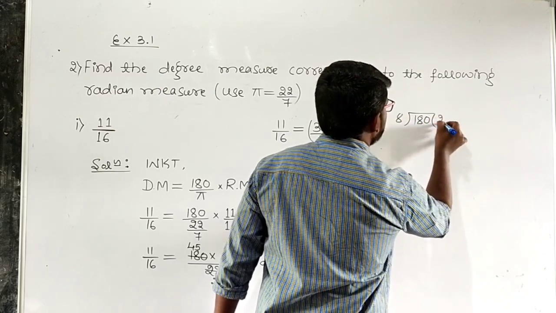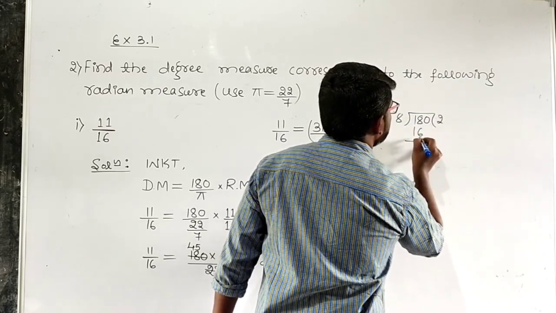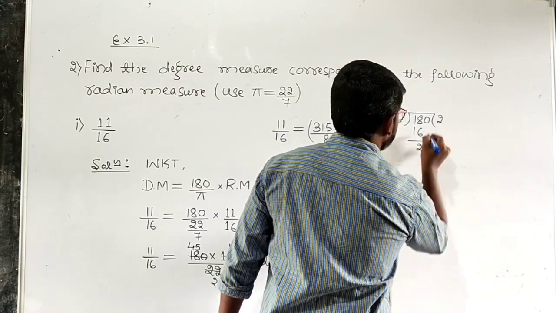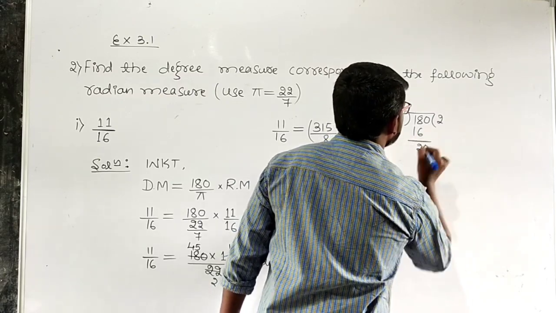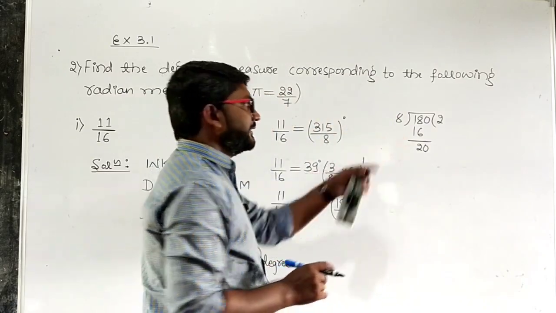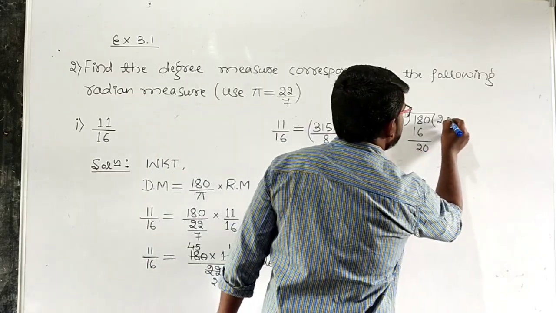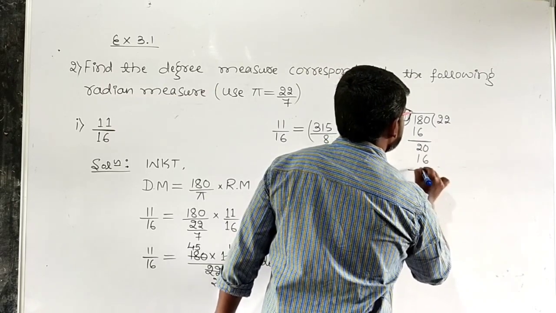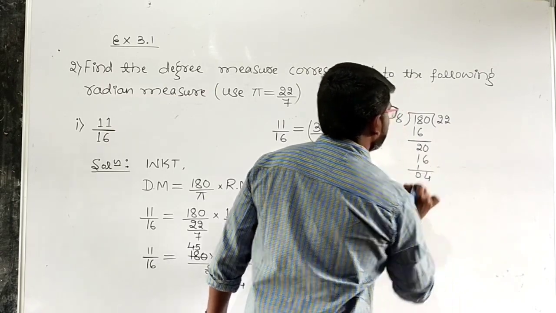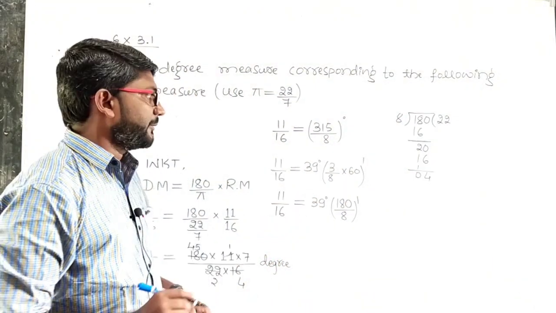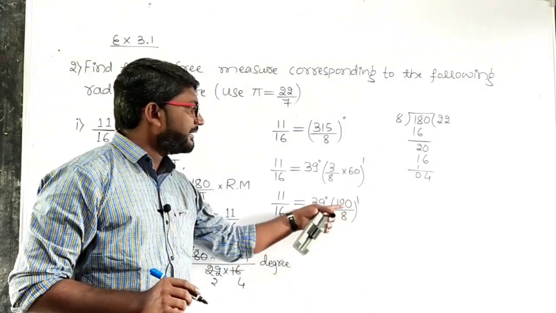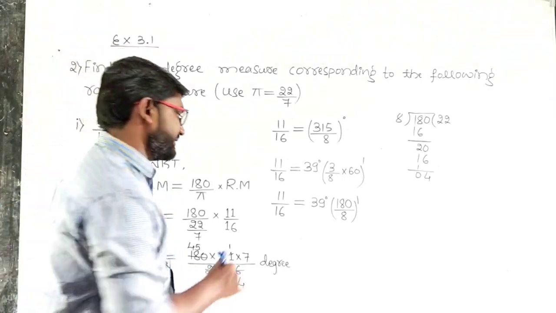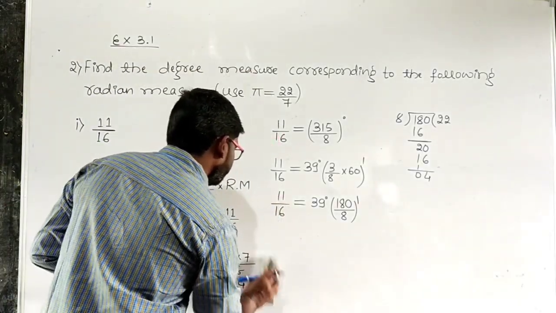So here 8 2s are 16. So we have the remainder 2. Then the next number is 0. Then again 8 2s are 16. So we have to stop the division process now. Now again we have to write 180 by 8 in the form of quotient and remainder divided by divisor. So let us go ahead with that.